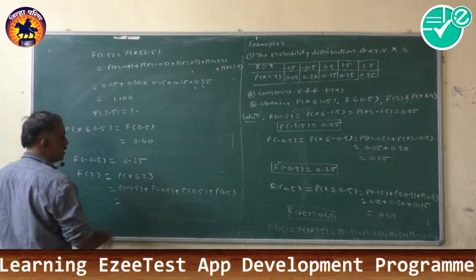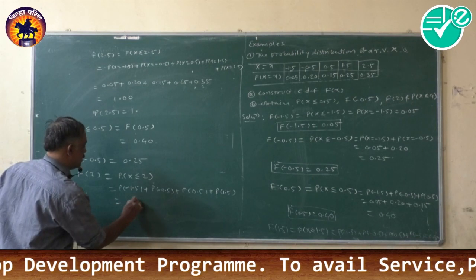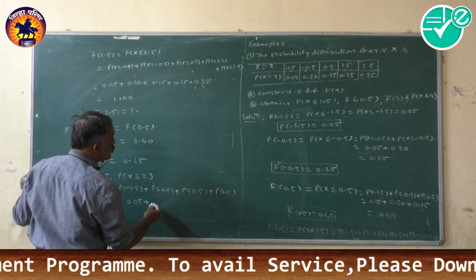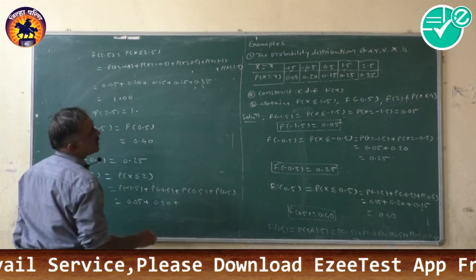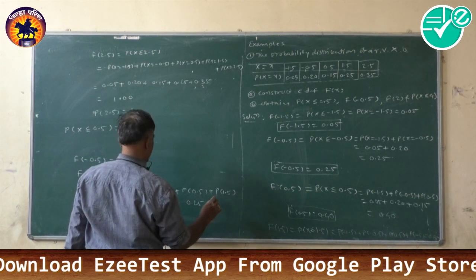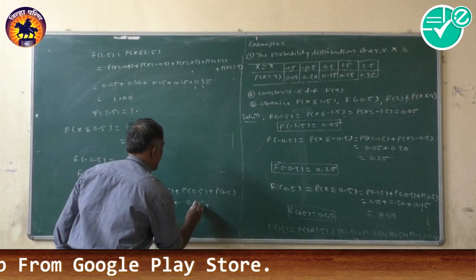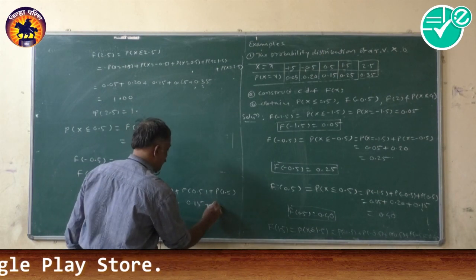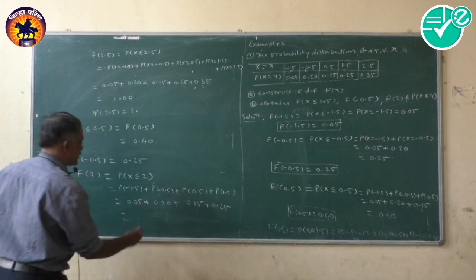Therefore it will be exactly equal to 0.05 plus 0.20 plus 0.15 plus 0.25, and the addition of all this will be exactly equal to 0.65.